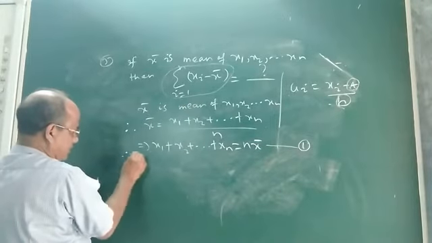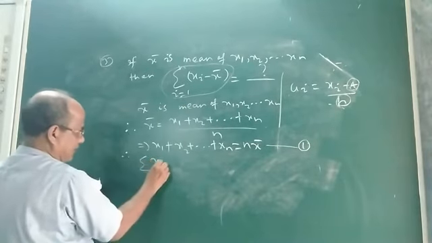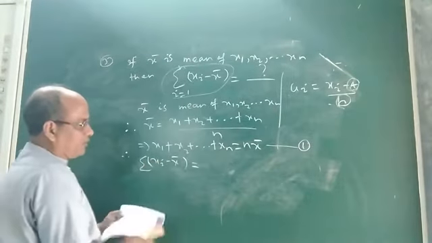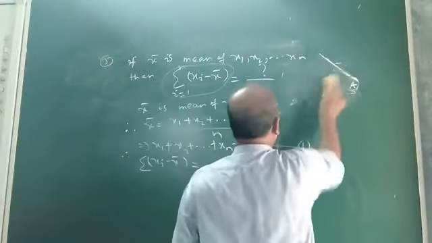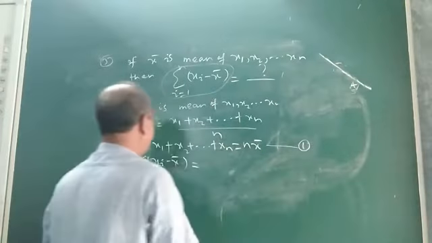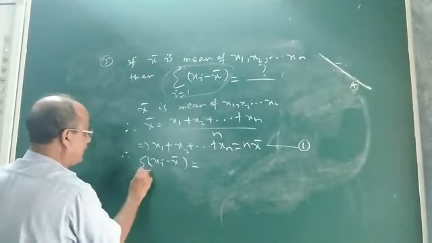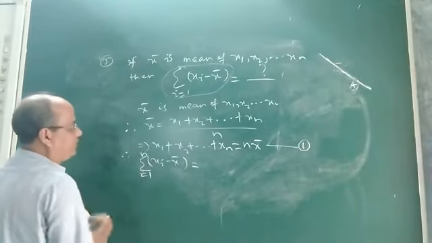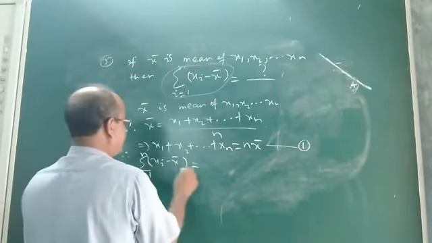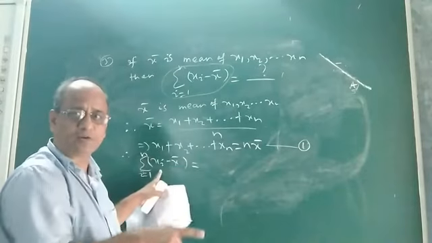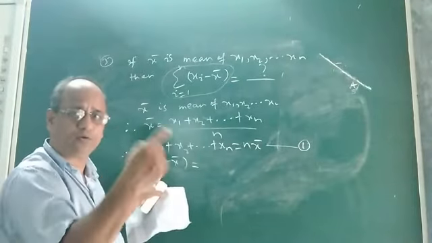Therefore, summation of xi minus x bar. Let us see how to calculate this. Here i takes values from 1 to n, so in place of i we can put 1, 2 up to n.